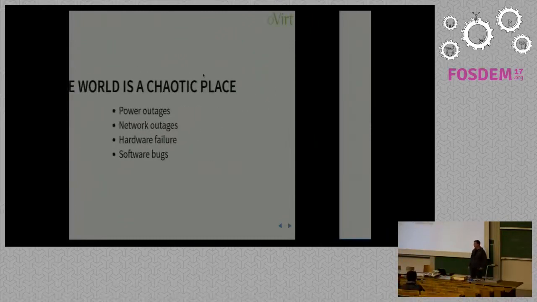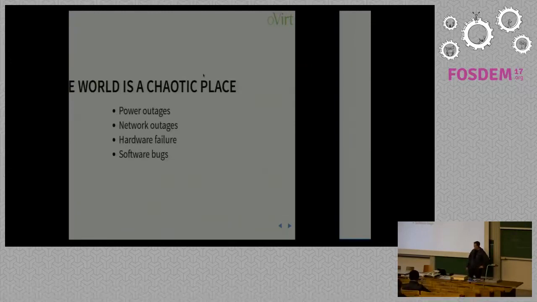So this all works really great. It was designed for a reason, because of the chaos that happens in the everyday world. We can have power outages, network service interruptions, hardware failures of all different stripes, which are affecting the operation of the system in unexpected ways. And we can have software bugs even, in the kernel, libvirt, QEMU, and of course our stuff too.